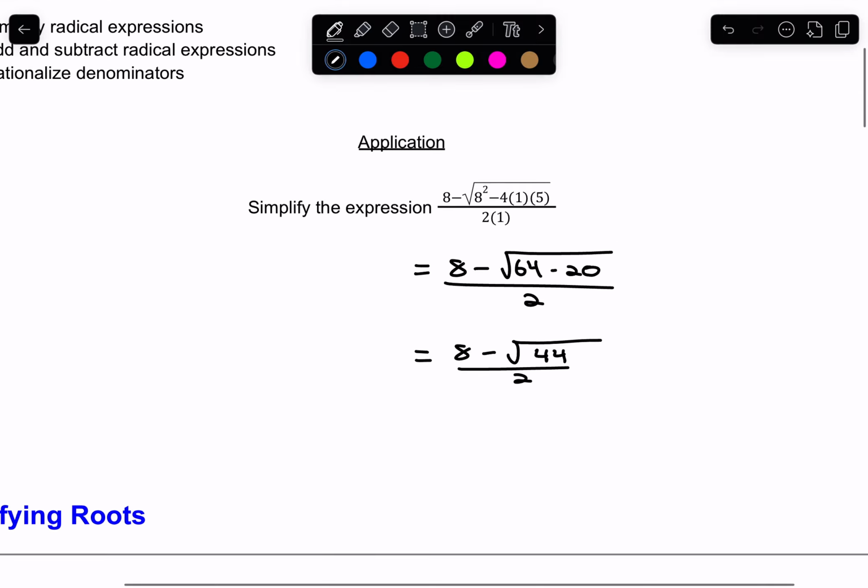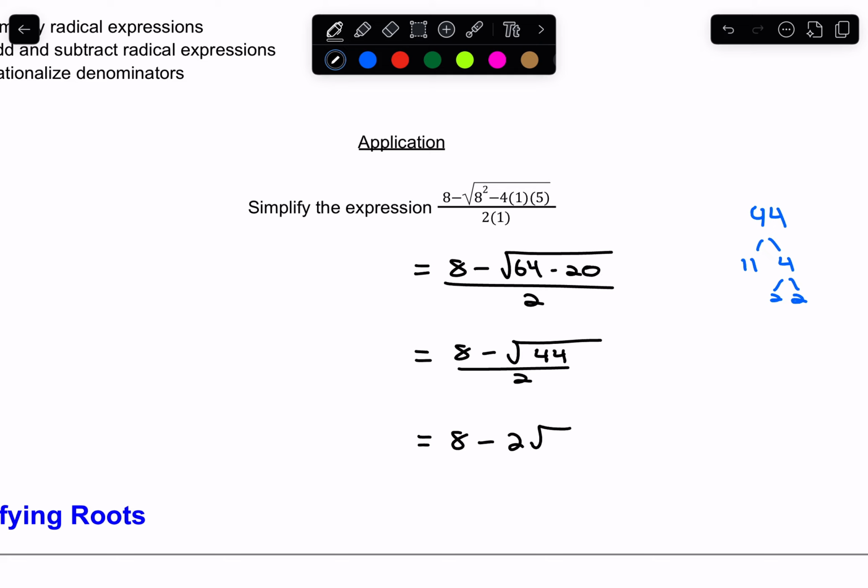Okay. Now, square root 44, we want to break down. Okay, so on the side over here, 44 is equal to 11 times 4, and 4 is 2 times 2. So I can pull out one of those 2's to the outside and leave the 11 behind. So square root of 44 is going to be 2 square root 11, and this is all over 2 still, where this pair of 2's became this 1, 2 on the outside, and the 11 stayed behind on the inside.